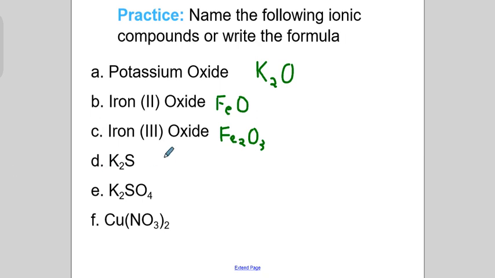And then I would write out these names, but honestly, writing is difficult in my current setup, so I'll just say them. This is potassium sulfide. This is potassium sulfate. And then this is copper 2 nitrate because you need to include its charge since it's a type 2 metal.